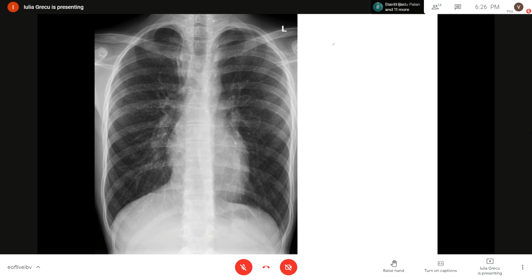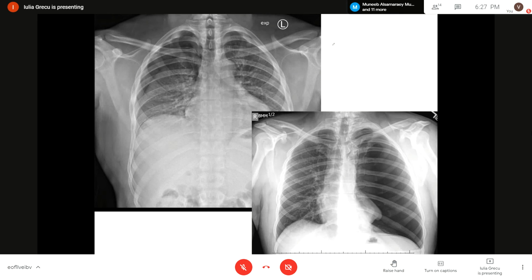So what would you do besides an ultrasound? A CT scan? A CT scan, correct. On a CT scan, you will find the thinnest quantity of pneumothorax, and you could be very sure that you have the right diagnosis or to inform what you think.